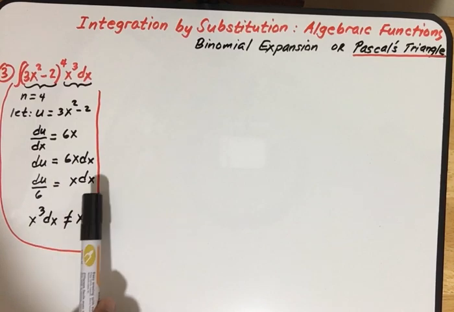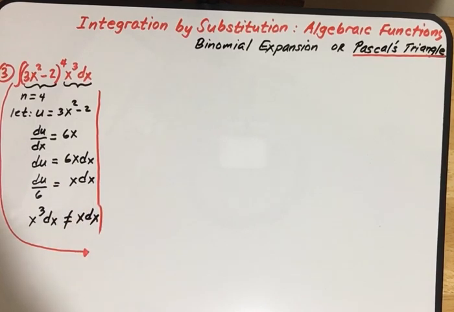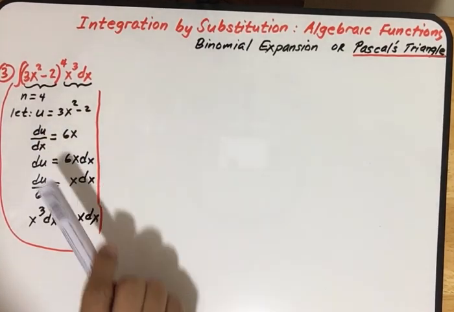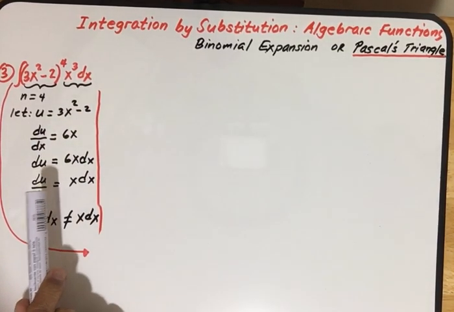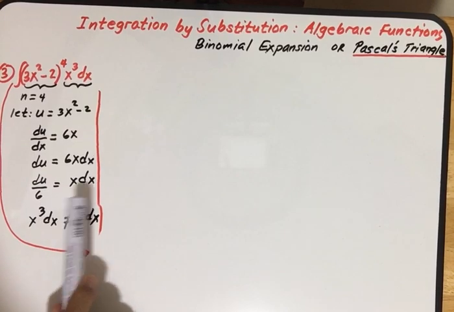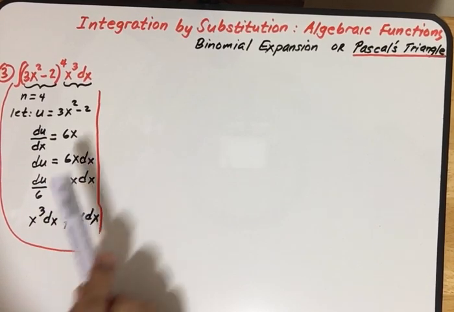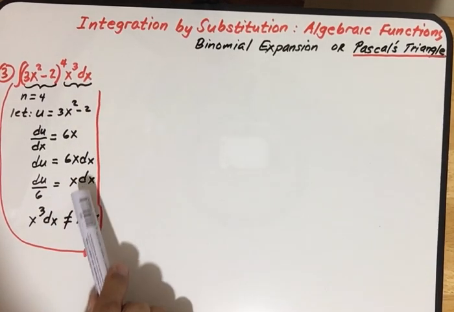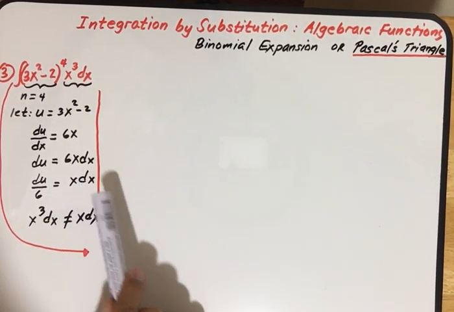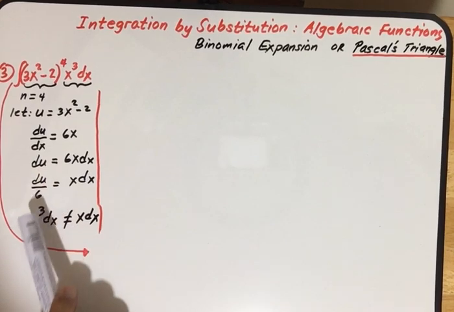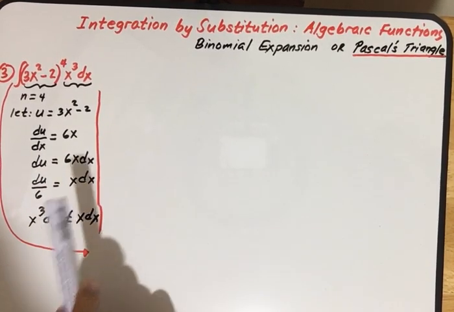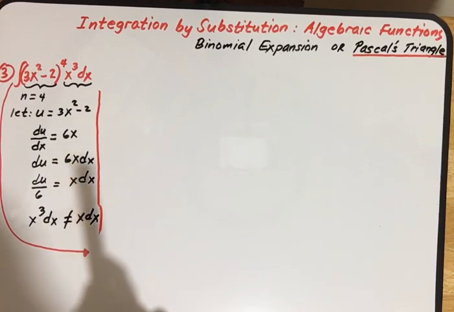From this du, we're looking for x cubed dx, but when we look for the derivative of u with respect to x and manipulate the result, we cannot get this x cubed dx. So x cubed dx is not equal to x dx, which is equal to du over 6. In this case, we cannot solve this problem using the same method as in our first two examples.